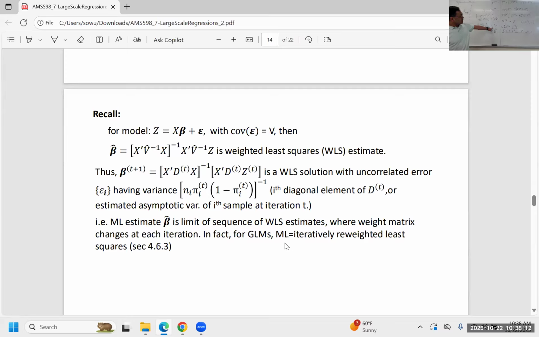What is V inverse? If V is diagonal, it is very easy to understand: you take the inverse of the diagonal elements, and you take the square root. In the general case, if V is a covariance matrix, you can decompose it using the singular value decomposition.